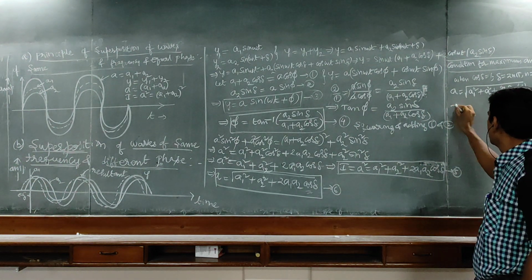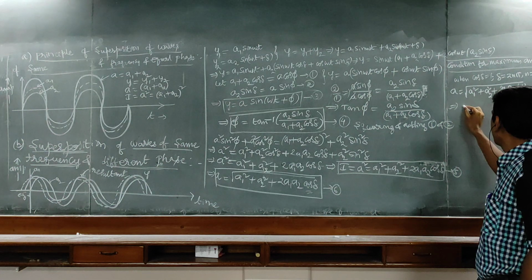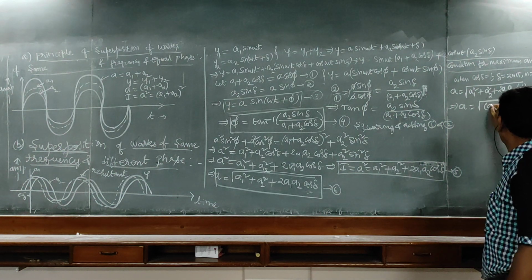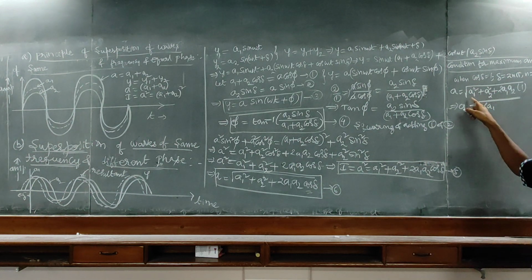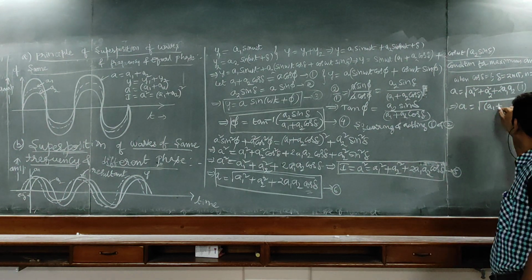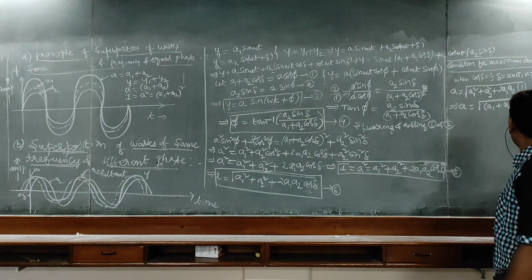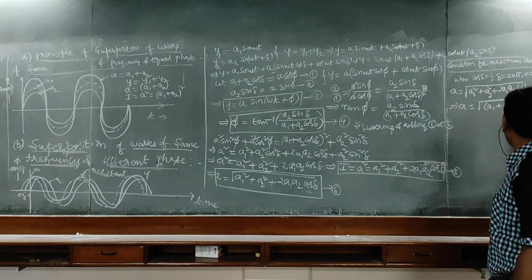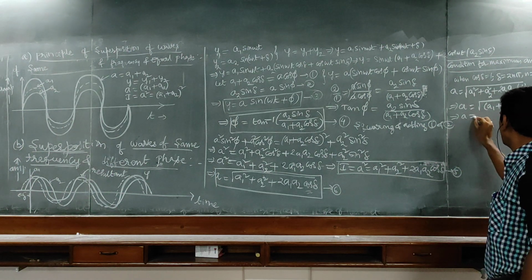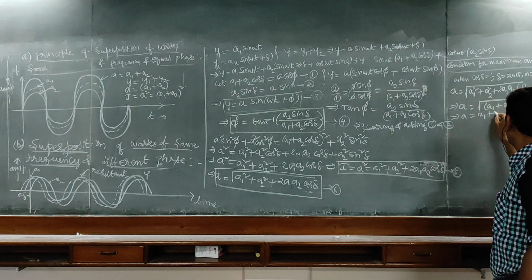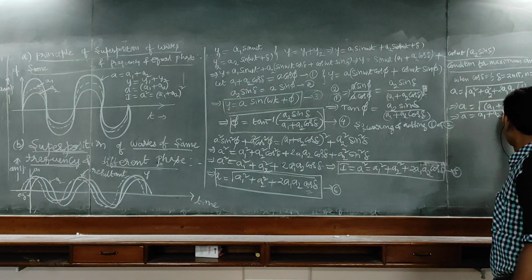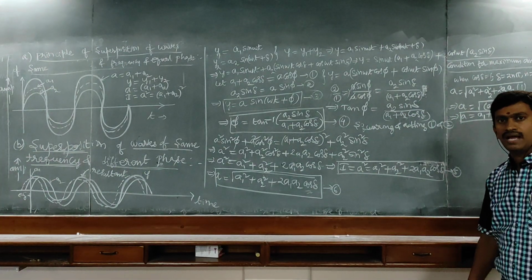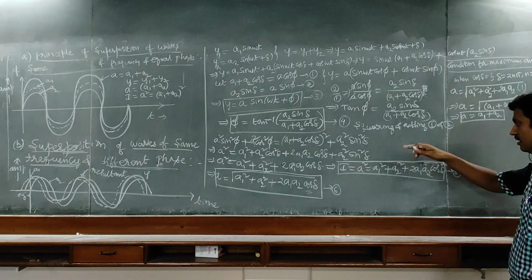Therefore, A is equal to square root of, again in the form of (A plus B) whole square, (A1 plus A2) whole square. Square and square root will get cancelled. So we are only left with amplitude A equal to A1 plus A2. So this is the condition for the maximum amplitude of the resultant wave.